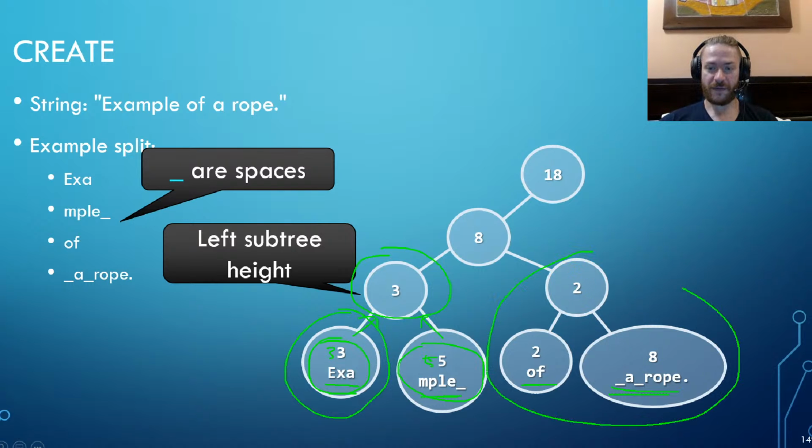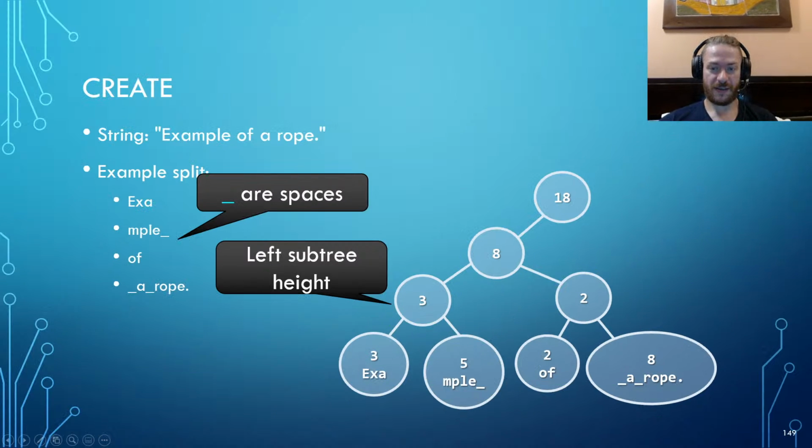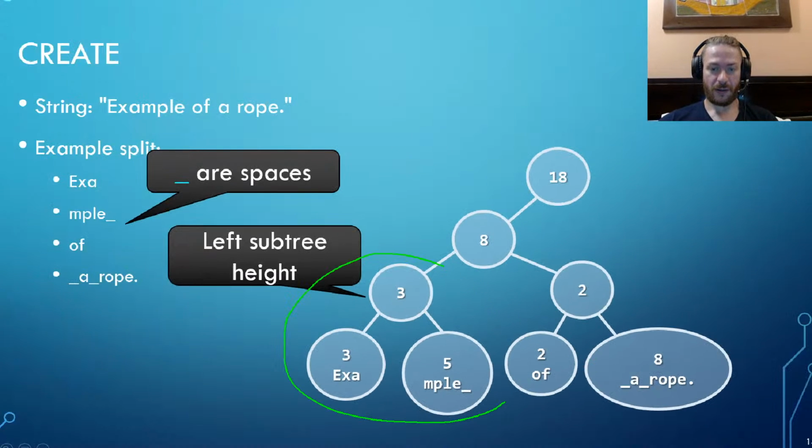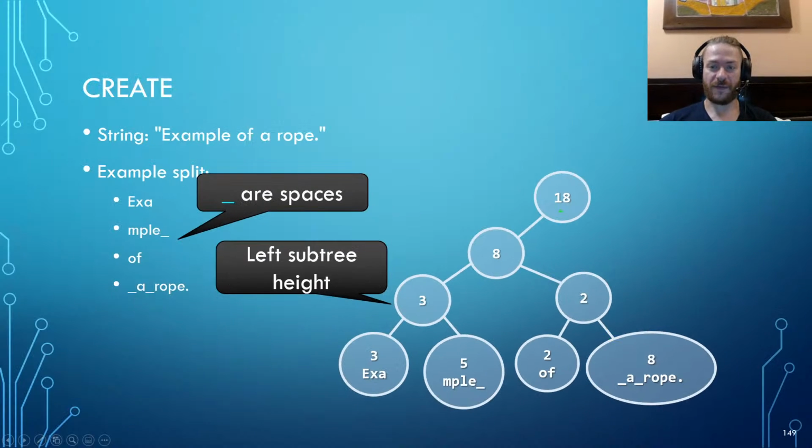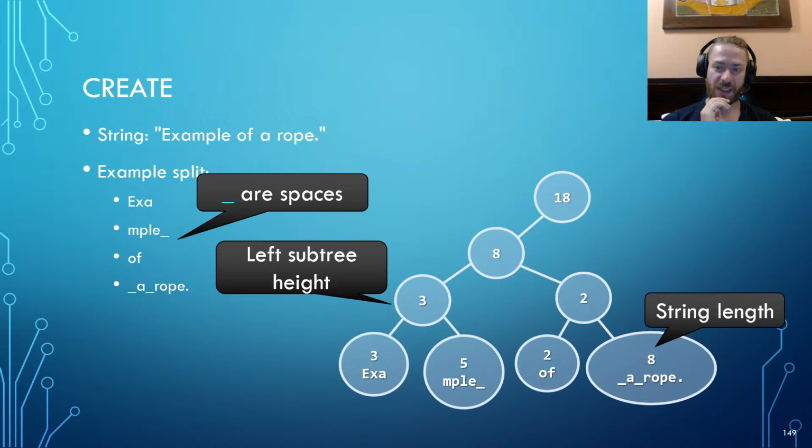Then when we have this, we build their parent, which contains the left subtree length, 3 plus 5, 8. And finally, we need to have a parent node, the root node, which contains the whole string. So how is this efficient and good for large text? You will see in a minute.